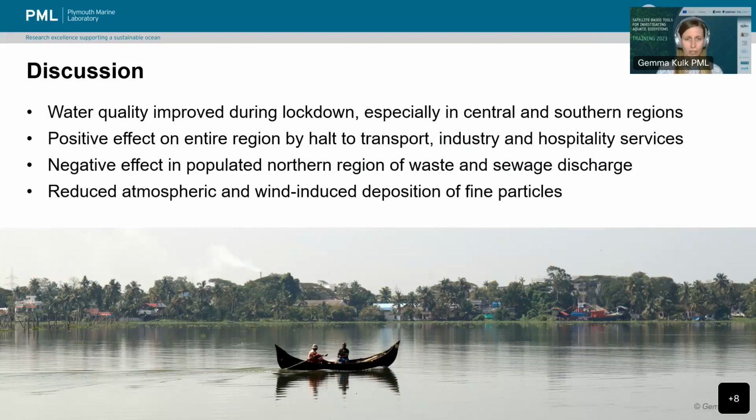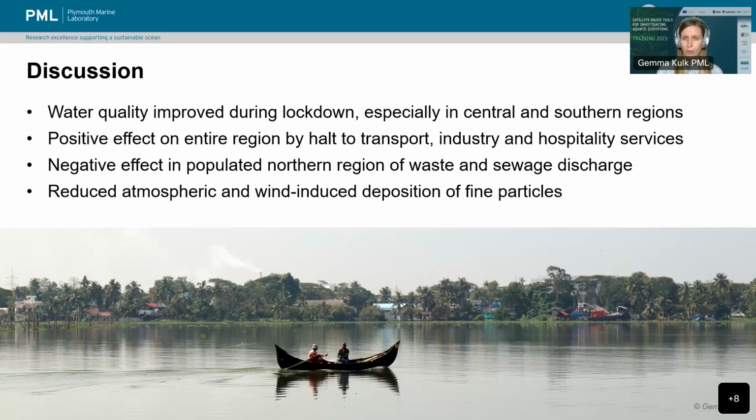High concentrations of suspended and dissolved matter in Lake Vembanad have previously been related to urban, agricultural, and industrial activities, and restrictions to those anthropogenic activities at specific locations may explain why the observed improvement in water quality was strongest in the central and southern regions of Lake Vembanad.